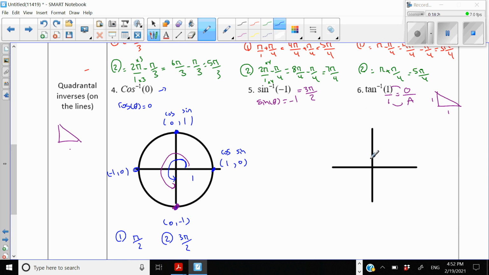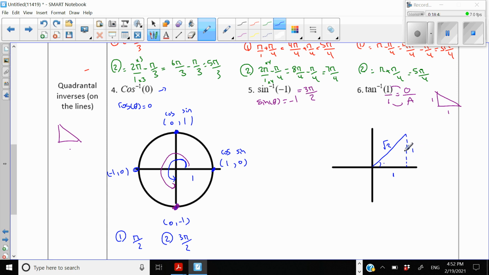So one of the angles is here in the first quadrant. Here's my reference angle, the right triangle here. Opposite side is 1 and adjacent is also 1. If I use the Pythagorean theorem, I'm going to find this side as root 2. Now I see a 45, 45, 90 triangle.